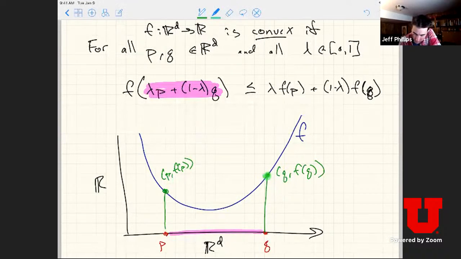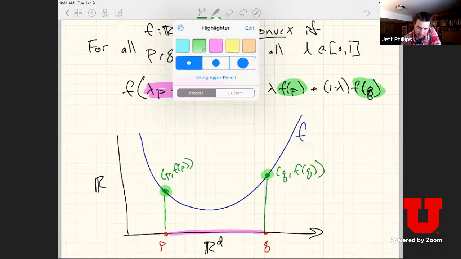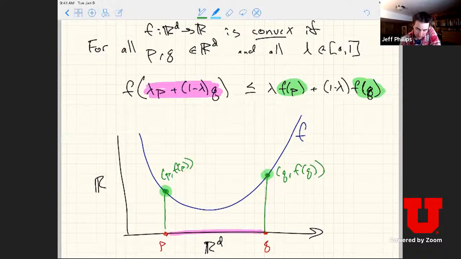I'm matching its x-coordinate already by this bottom part. And so I want to compare that to this line in between them. This line in between them is any linear combination of these d plus 1 dimensional points.